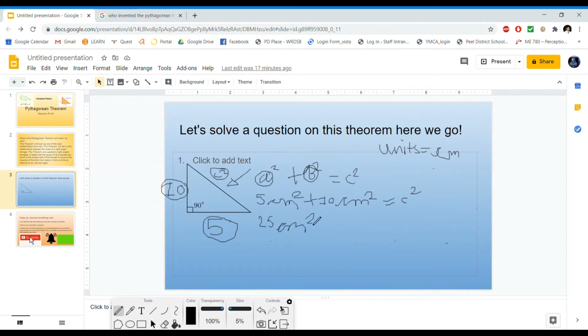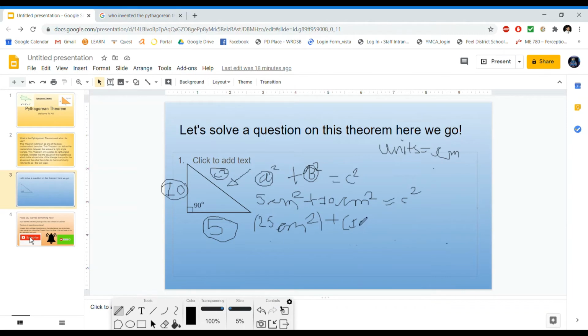Now we should keep this in a bracket to say that this is not squaring again and again. Now for the other number, keep the brackets and write 10 centimeters.